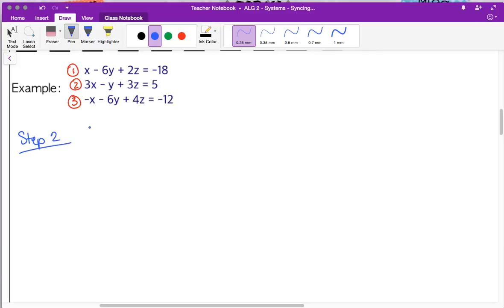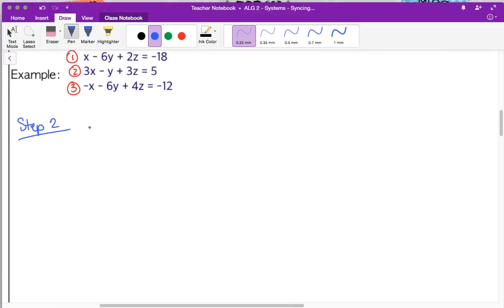Step 2 says to pick 2 equations and eliminate a variable. And we're going to call this new equation, equation A. So I'm going to start by picking 2 equations. If you look at your system right here, you'll notice there's a positive x in equation 1 and a negative x in equation 3.